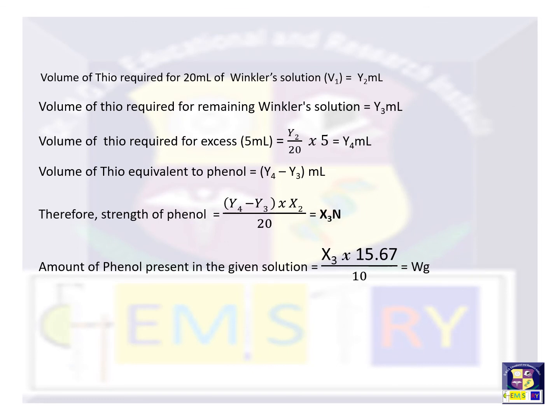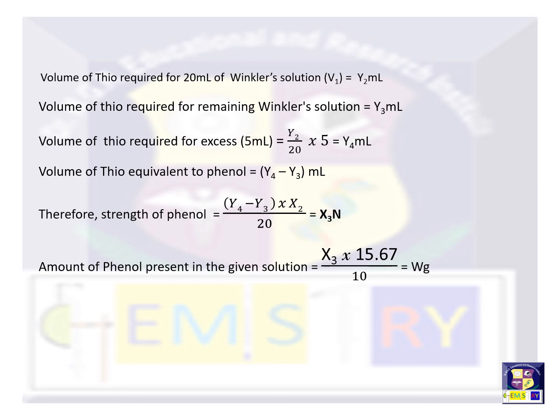After noting down the titrant values during the titration, we need to calculate the amount of phenol present in the given solution. For this reason we need to know the volume of thiosulfate solution that is required for the consumption of the excess brominating mixture present in the solution of phenol and the bromate mixture.